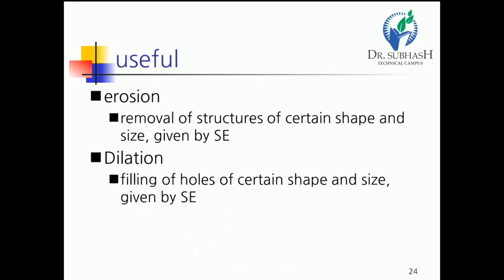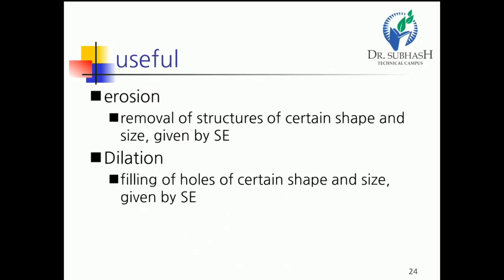Now we have to see examples of erosion using different images as well as different mathematical operations. Now we are concluding what erosion is and what dilation is. They are the basic components of morphological image processing.